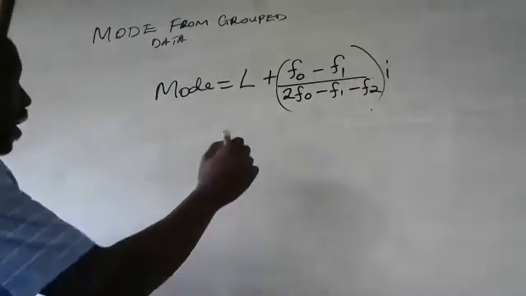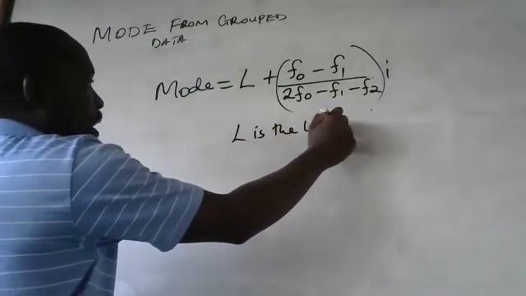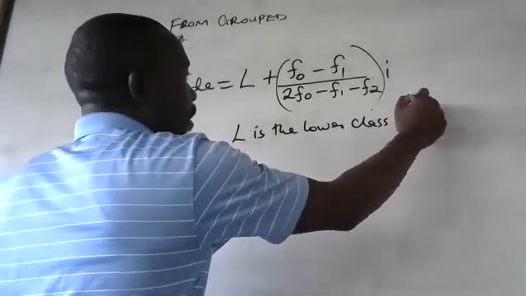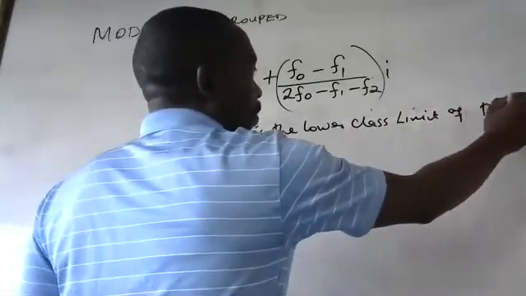And in this case, L is the lower class limit of the model class.